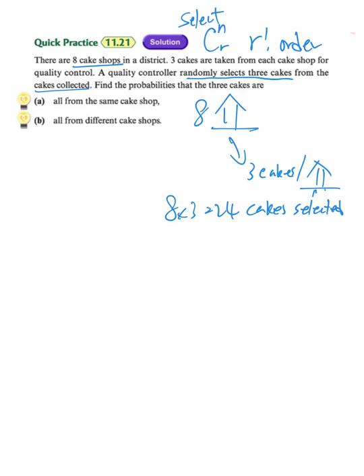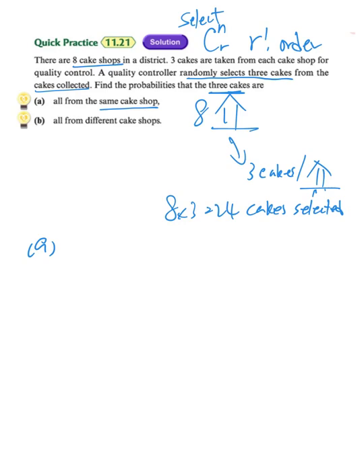So find the probability that the 3 cakes are all from the same cake shop. So that is pretty simple, for me at least. So you choose 3 cakes right there, and they need to be from the same shop.